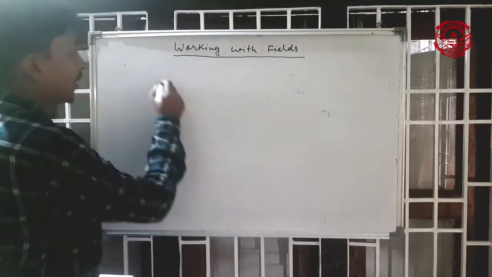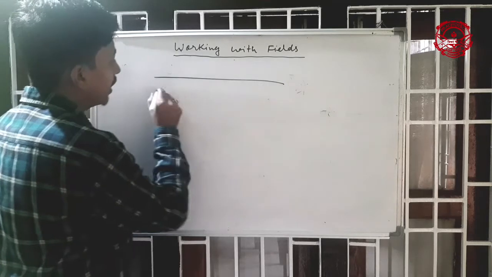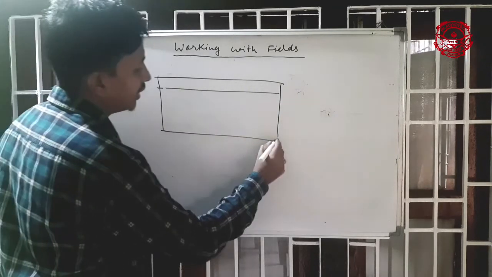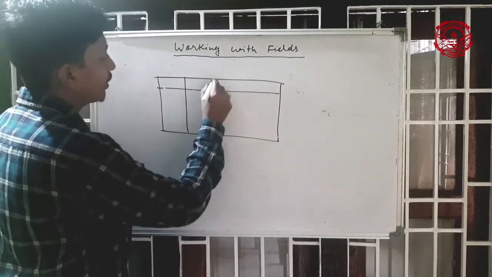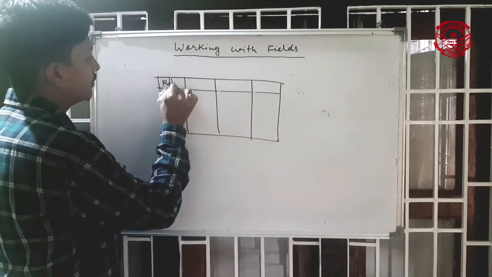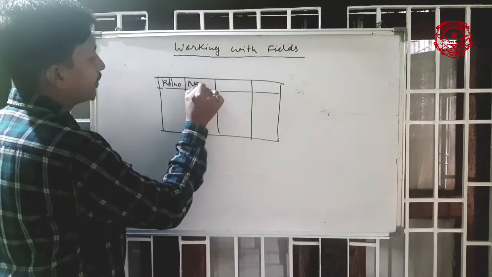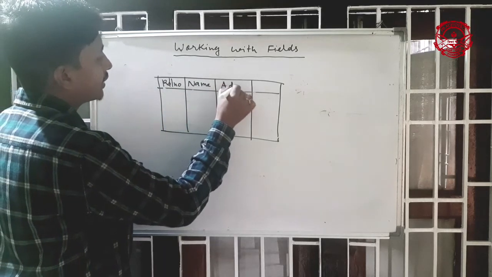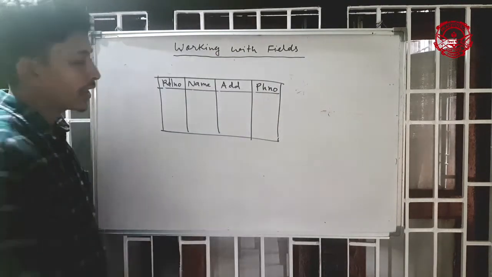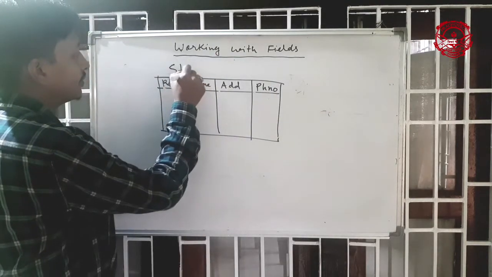Okay, now see, for example, this is a student table. Roll number, name, address, phone number. Okay, this is a student table.